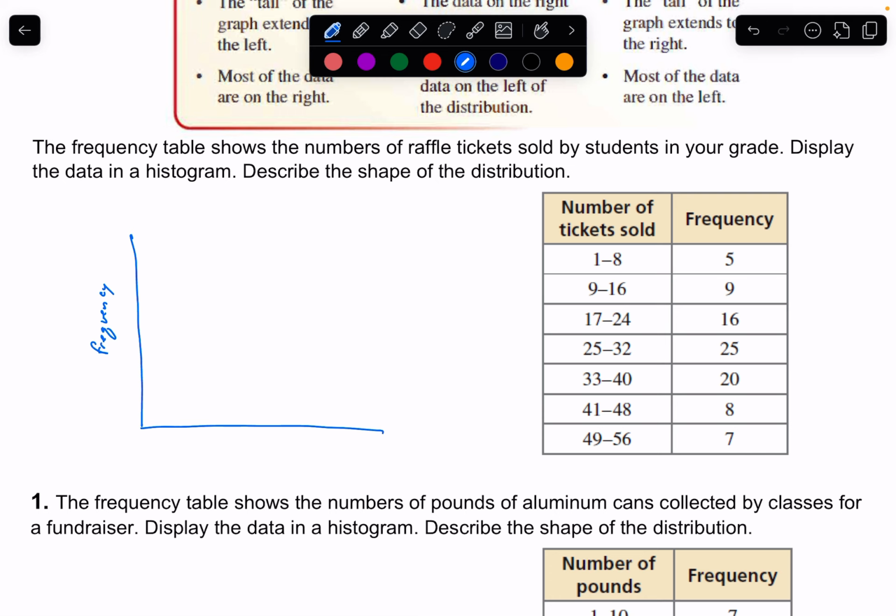Now, there's a couple of things that are really important when you are making this histogram. Two of the big ones have to do with designing the chart to begin with. First of all, the width of your categories. If you notice 1 to 8, 9 to 16, 17 to 24, 25 to 32, each of these categories is separated by 8 numbers.